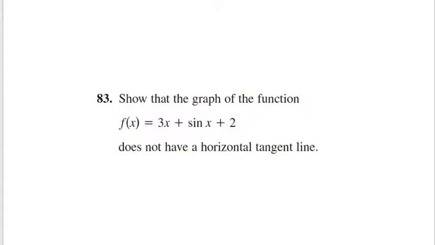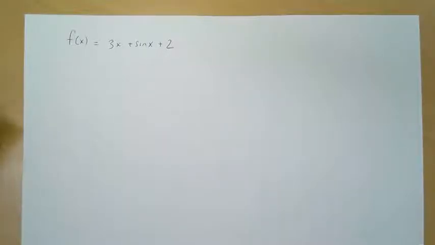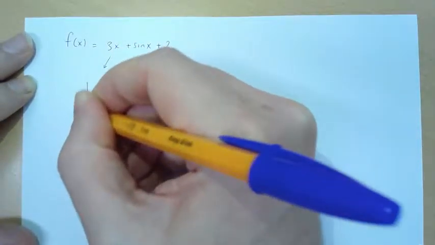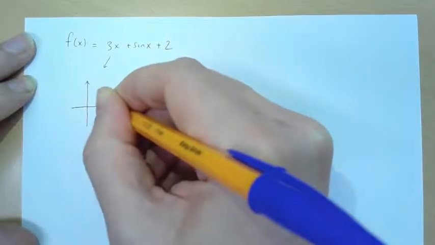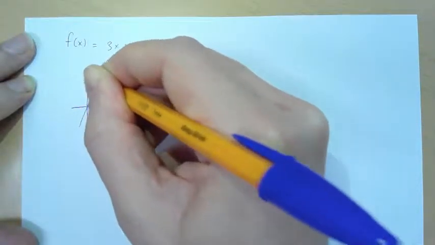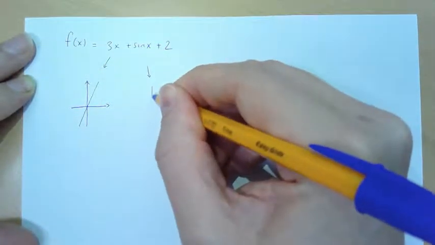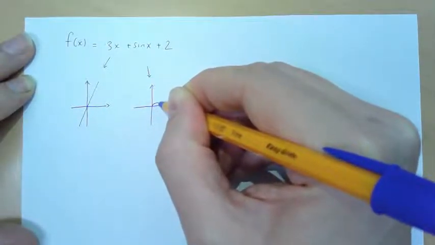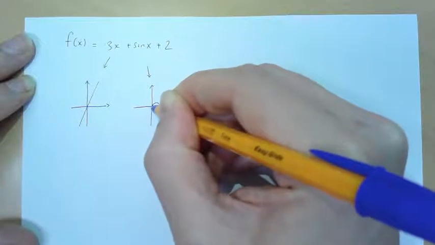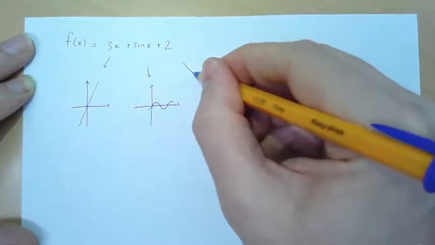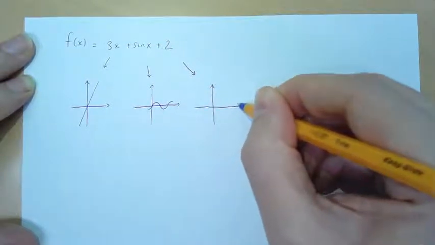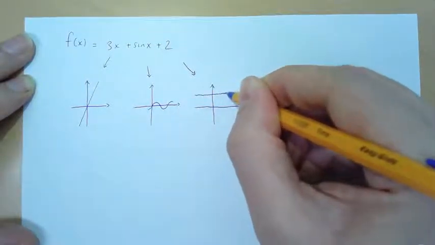We don't know necessarily, but we can think about what it may look like. Actually, 3x is a line, it's pretty steep. Sine x is a wave, it looks kind of like this. And then 2 is a constant line like this.